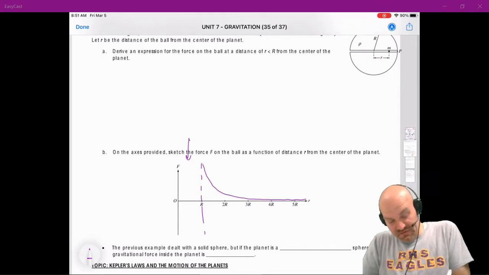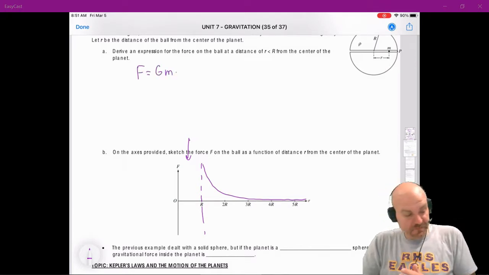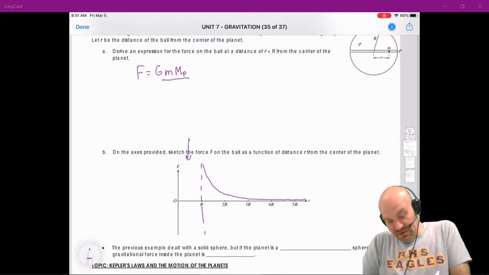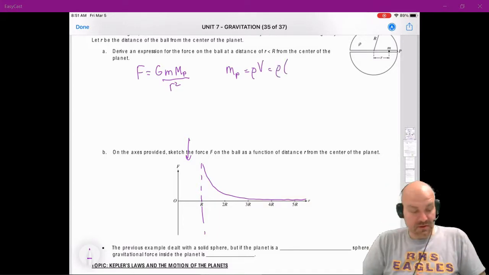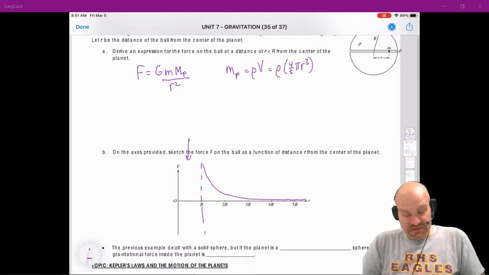So we're going to do F equals G, mass of the object, times mass of the planet over R squared. But we know that we can do this manipulation of the density formula. So you're going to get rho V, and the volume of a sphere is 4/3 pi r cubed. And this r is going to be that r on the inside.